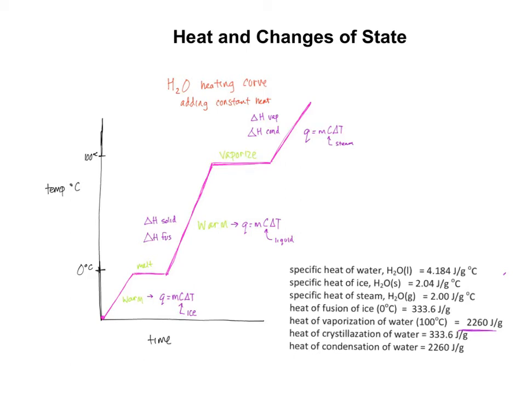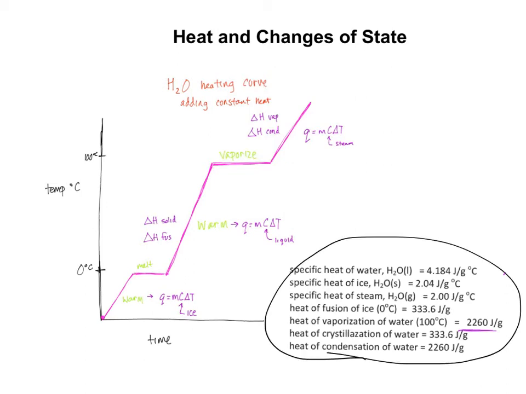Every time you're going up the chart, you're using the change in temperature. Every time you get to a flat point, melting or vaporizing, you will use the numbers given on the right side to multiply. You will see how to use this in the next example.